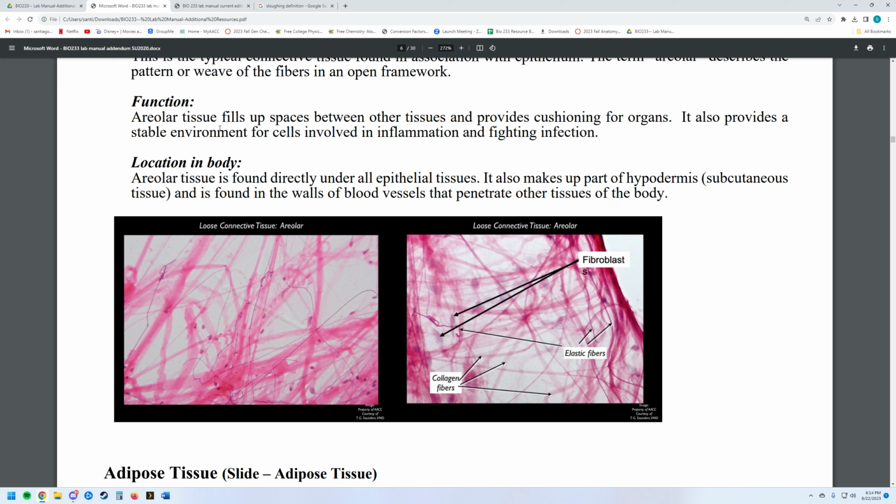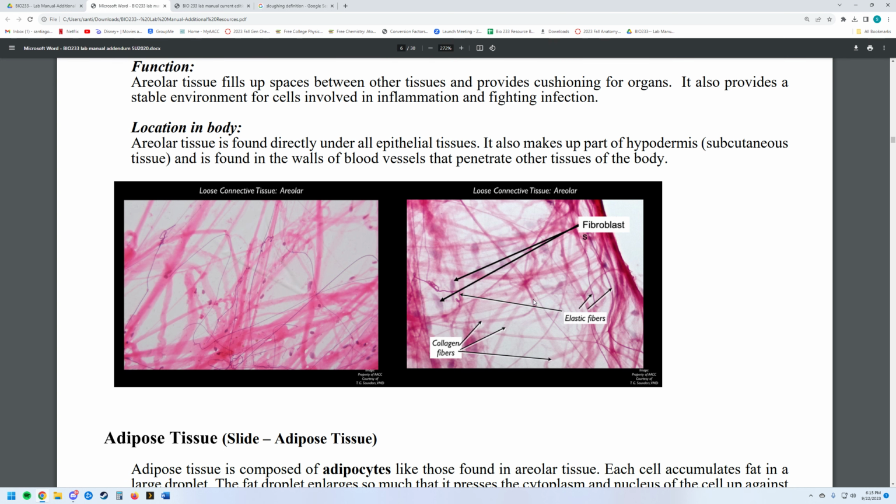Areolar tissue fills up spaces between other tissues and provides cushioning for organs. It also provides a stable environment for cells involved in inflammation and fighting infection. It's found directly under all epithelial tissues, and it also makes up part of the hypodermis, subcutaneous tissue, and is found in the walls of blood vessels that penetrate other tissues of the body.